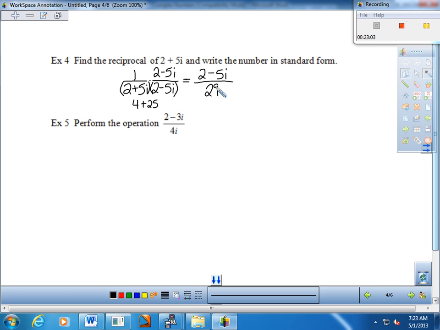Now, if you left your answer like this, I can live with it. We're always kind of shooting for, you know, just perfection, so to speak. I would split this up and really see it in all its glory as a complex number, an a, and then plus bi, so kind of having the real part and the imaginary part separated.